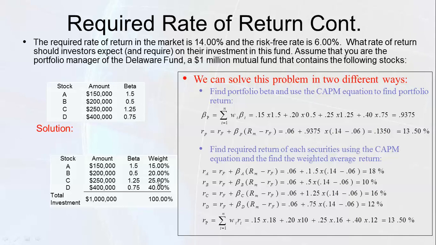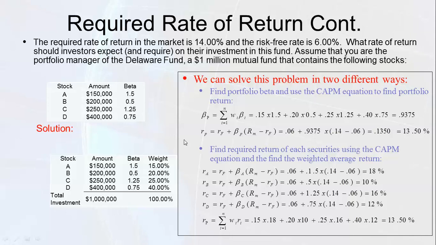Okay, and then 25% times 1.25 plus 40% times 0.75. If you do all this math, you get 0.9375. That's the portfolio beta.